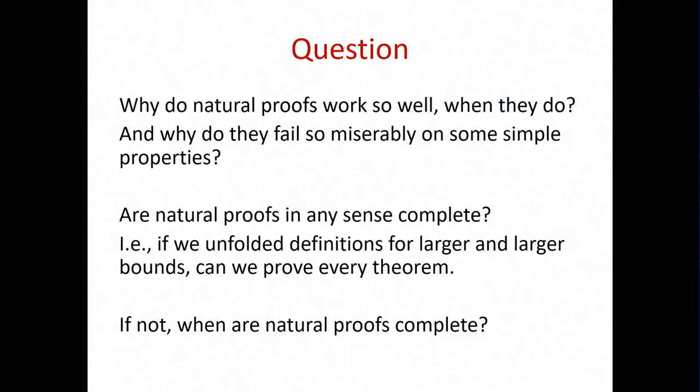So the question we wanted to ask was, why do these natural proofs work so well, right, when they do? And why do they fail so miserably on simple properties? So they don't actually work well all the time, okay? There are very simple properties on which they don't work well.